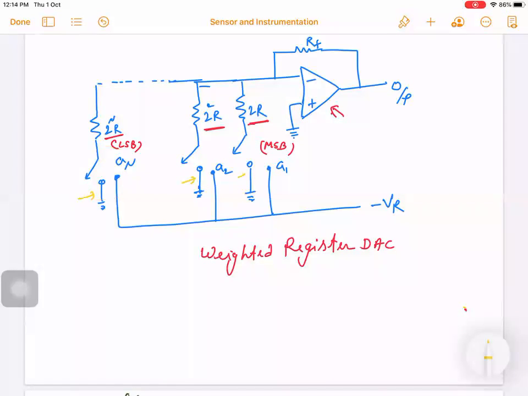So whenever this value और ये जो value है यहाँ पे, you can see here A1, A2 up to AN. These are the digital weights. इनकी वैल्यू क्या हो सकती है? 1 and 0. सो जो डेटा आप दे रहे हो जिसको आपको कन्वर्ट करना है वो आप दे रहे हो इन A1, A2, AN पर. ओके, एंड दिस all the lines is connected with minus VR. एक रेफरेंस वोल्टेज लिया है हमने, so उस वोल्टेज से हमारे ये डिजिटल बिट्स कनेक्टेड है.